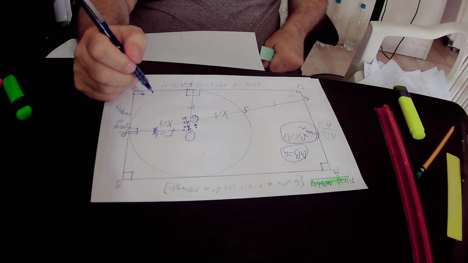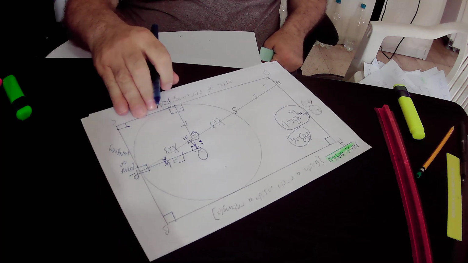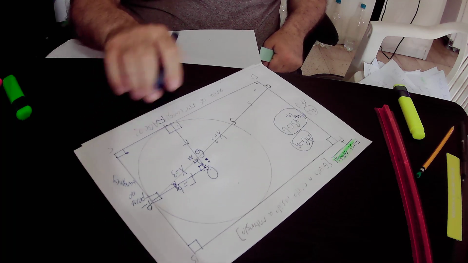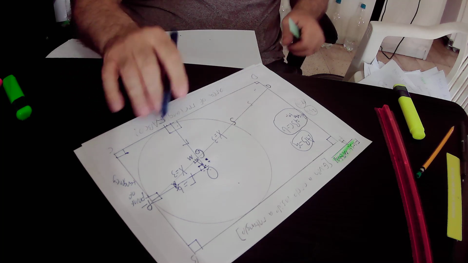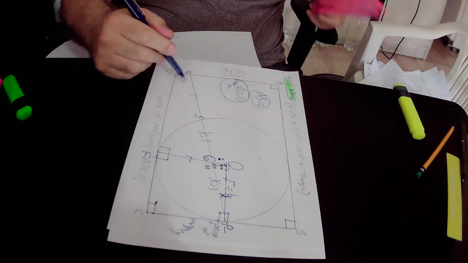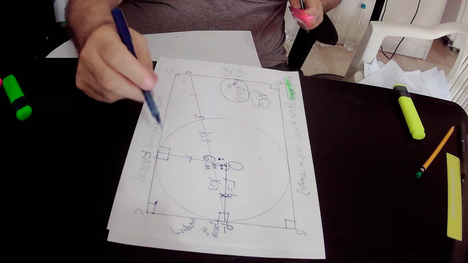Okay. In the next step, from point Q, we draw a perpendicular on BC.